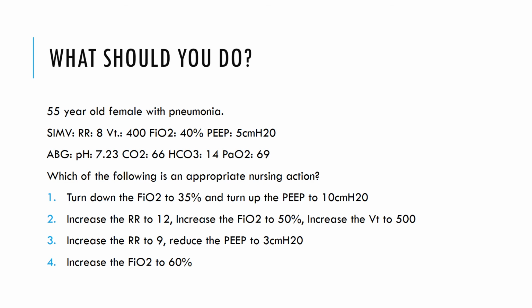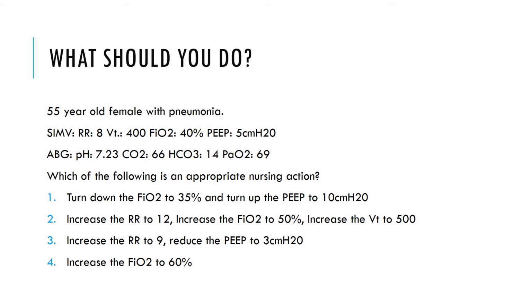Now remember, SIMV is going to deliver, in this case, 8 breaths guaranteed with a volume of 400. So if she takes a 9th breath, she can, but she is going to have to determine the volume of that breath. She could take a 9th breath with a tidal volume of 50, and that's fine, she's allowed to do that in SIMV.